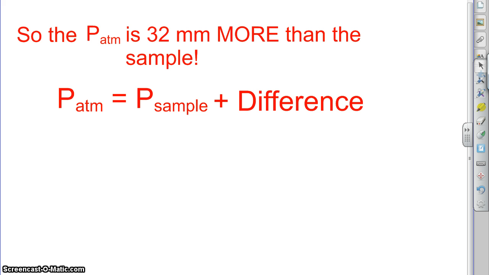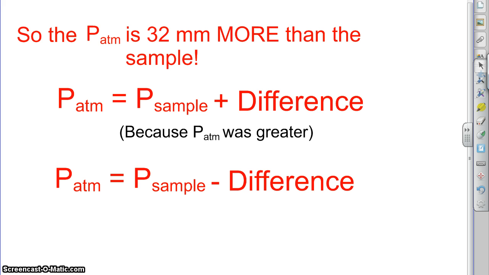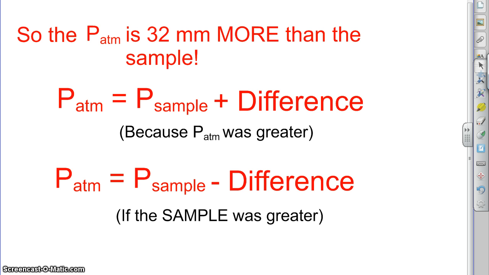We know that the atmospheric pressure is more, so it's going to be more than the sample by the difference. So we can use this formula, by the way, if what? Well, not for this problem. If the sample had been greater, we would use that. So we add the difference if the atmosphere is winning. We subtract the difference if the sample is winning, if we use this formula.